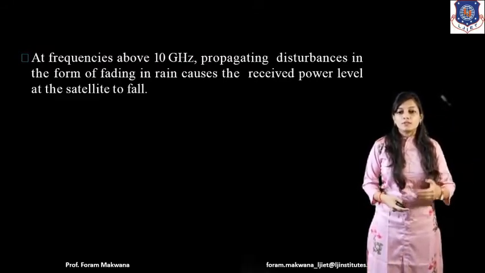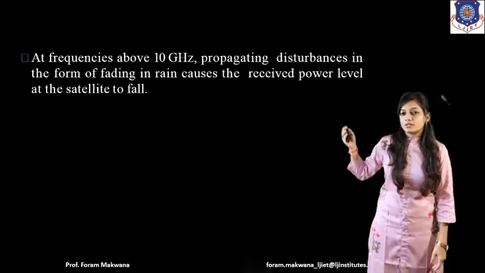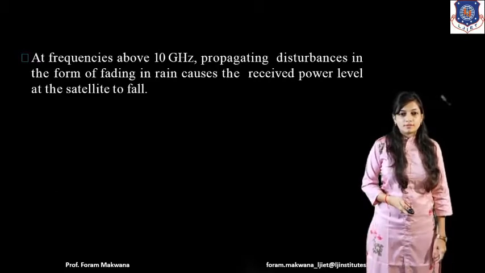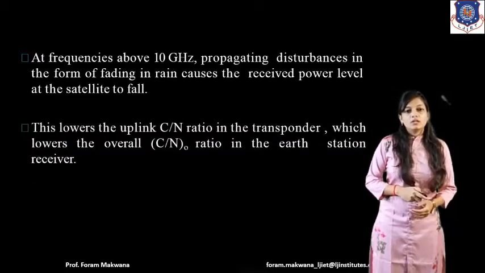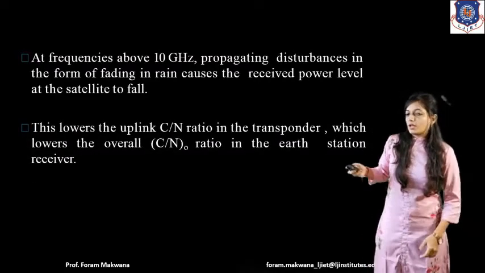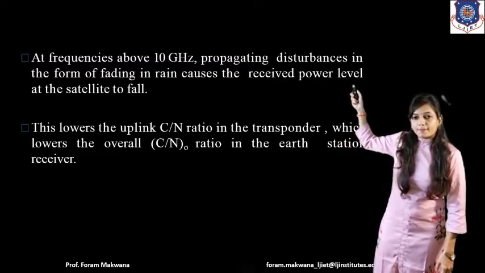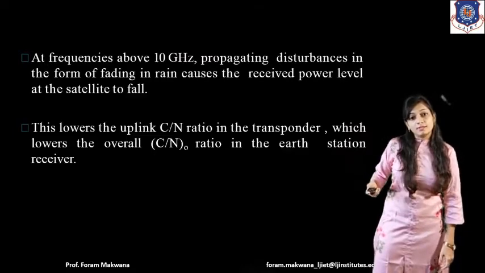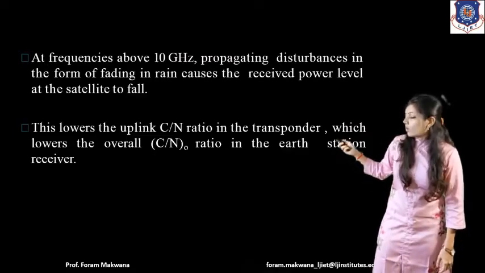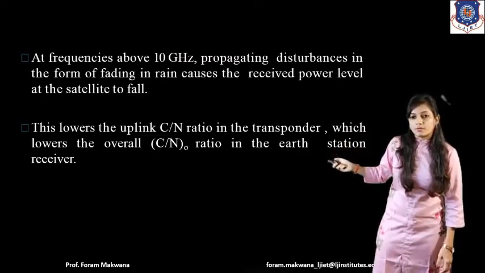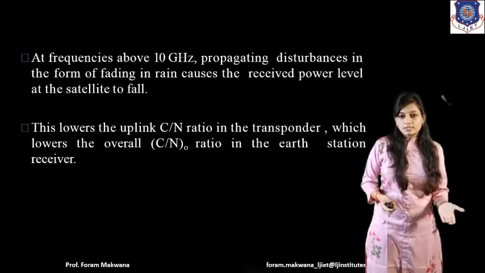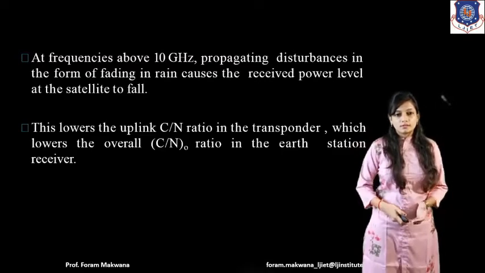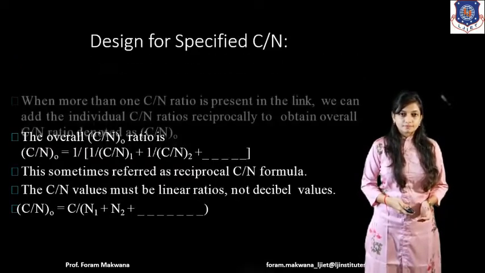While dealing with frequencies above 10 GHz, we need to consider the loss caused by the fading in the rain. Due to that, my carrier power will decrease. So it will ultimately cause a fall in the carrier to noise power, because carrier power decreases and noise increases. So overall this quantity is going to decrease.